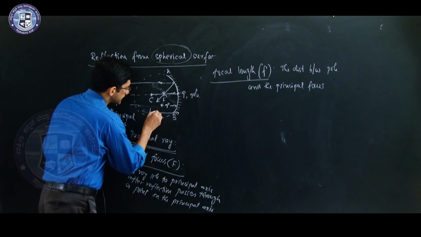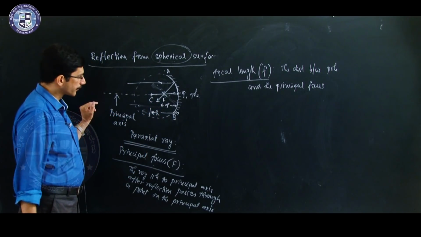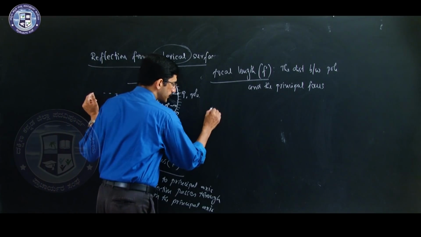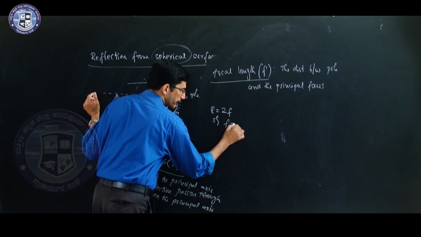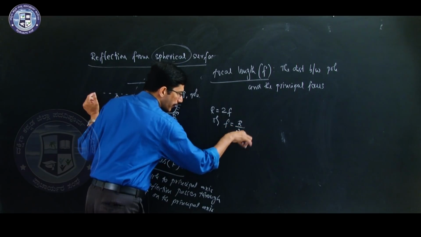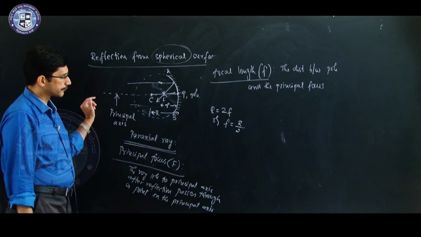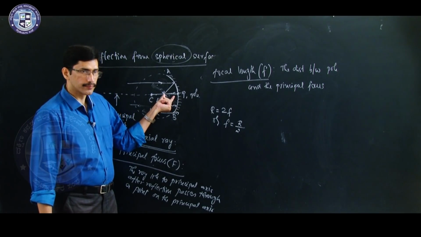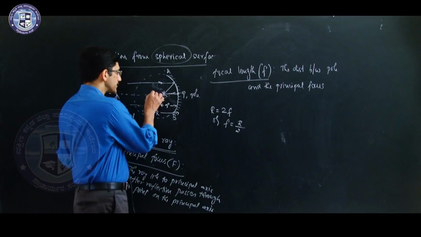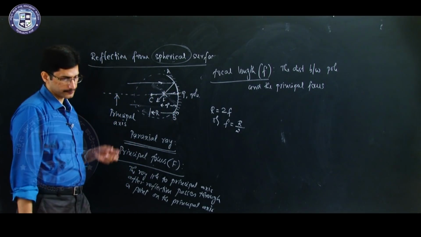This distance is r, and shortly we will prove that r is equal to 2f, or f is equal to r by 2. That means the focus is the midpoint of the center of curvature and the pole.